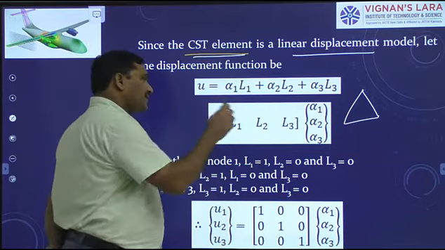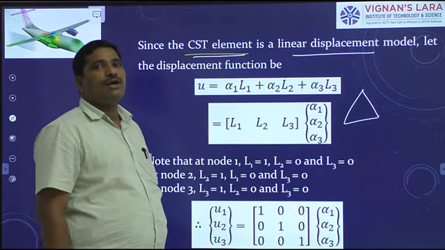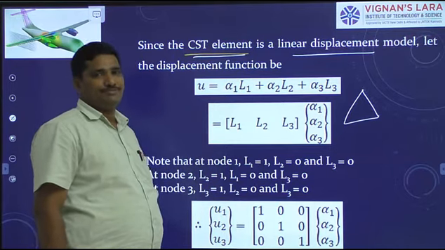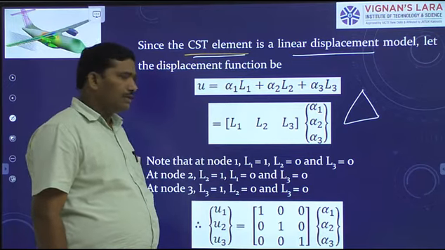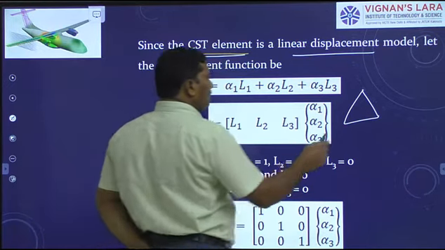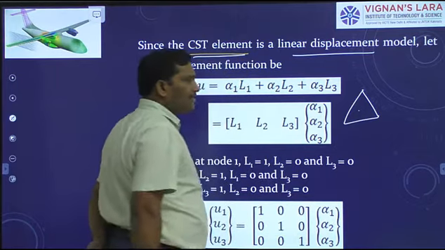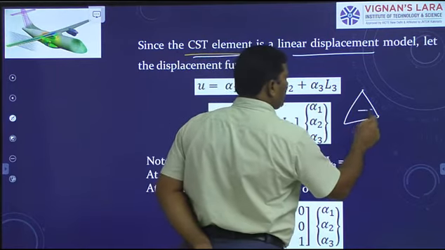We use this CST element for solving two-dimensional problems. Therefore, if you take a point in the CST element, it has two displacements, u and v.